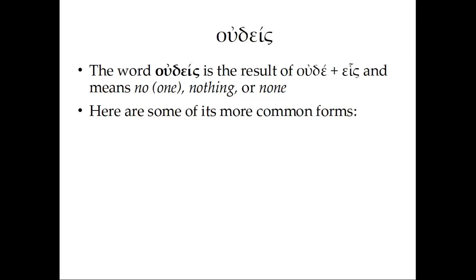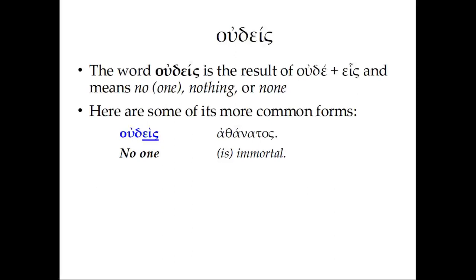These are actually the masculine singular, feminine, and neuter forms of these. We're going to look at the first one, just the masculine, oudeis athanatos. Here we have an implied verb to be. This is something like no one, oudeis, nominative masculine singular, is immortal. No person, no human being is immortal.